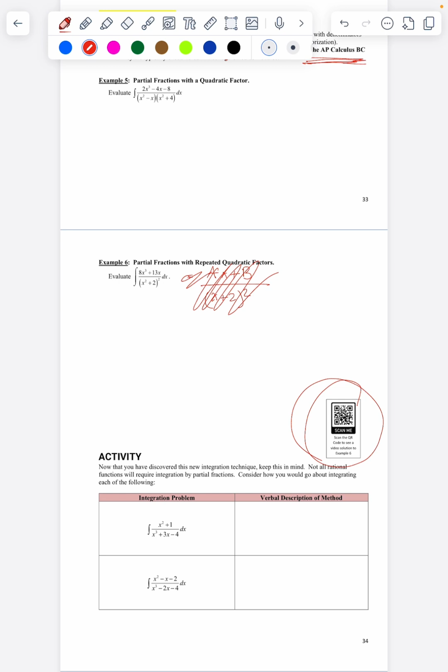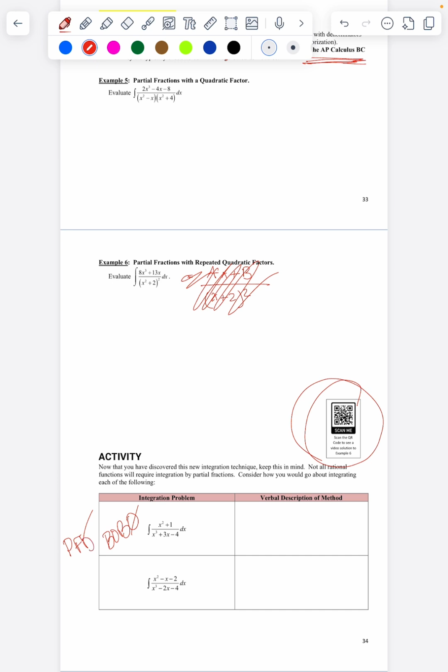All right, now that you've discovered this new integration technique, keep this in mind. Not all rational functions will require partial fractions, right? You remember that when it's bigger on the bottom, most likely it's going to be partial fractions.